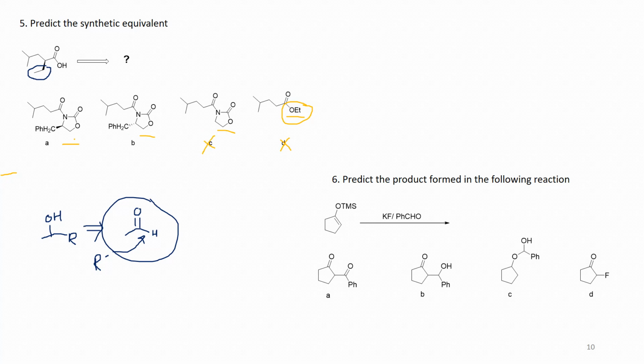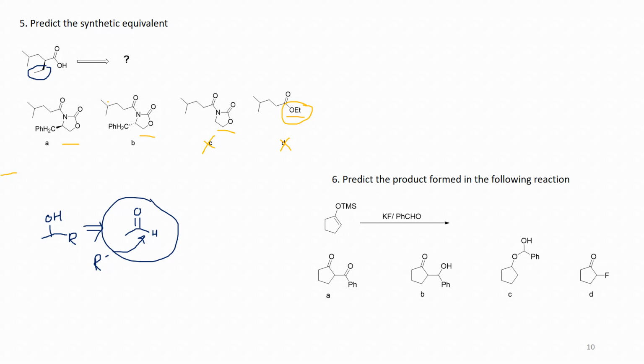Now the confusion is between A and B, which will be the right option. Now you can see the incorporated ethyl group is above the plane. The incorporated ethyl group is totally above the plane. So you have to draw your chiral auxiliary in such a way that the group incorporates from above the plane.